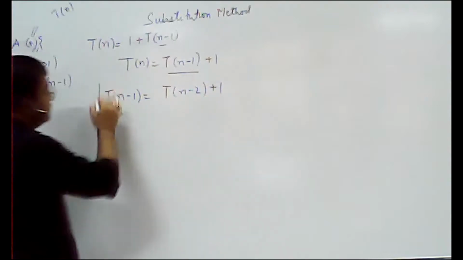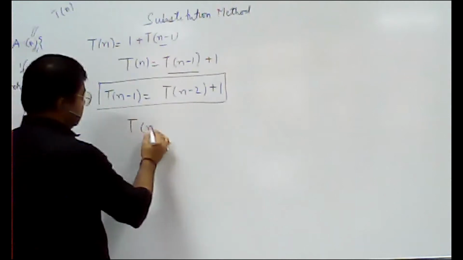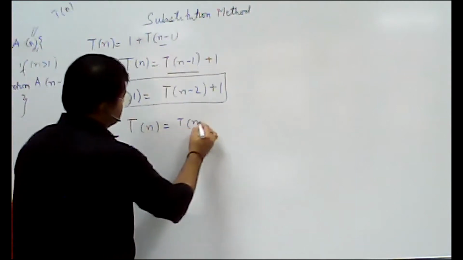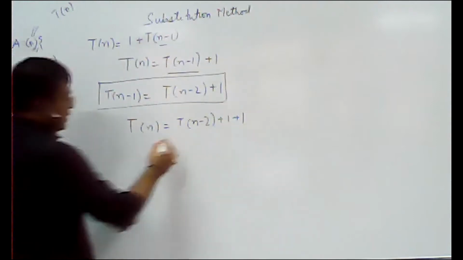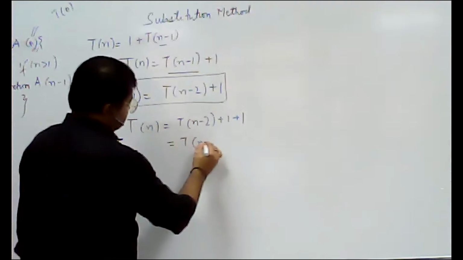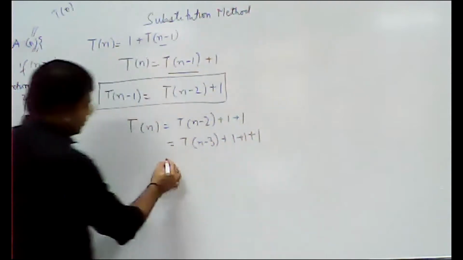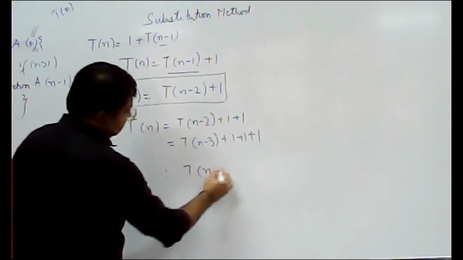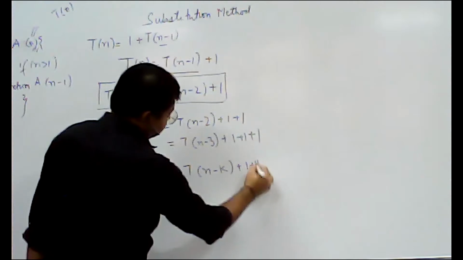So I substitute this value here. T(n) is equal to T(n minus 2) plus 1, and the plus 1 was already there. Again I will substitute: T(n minus 3) plus 1 plus 1 plus 1. Similarly, after k iterations, I will get T(n minus k) plus k.